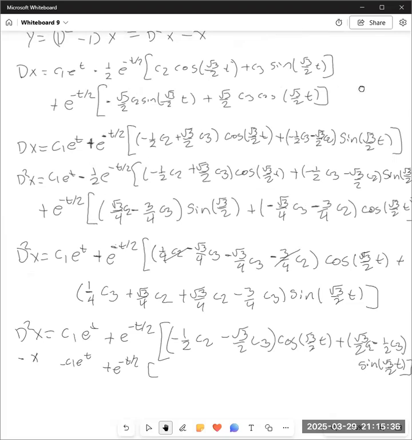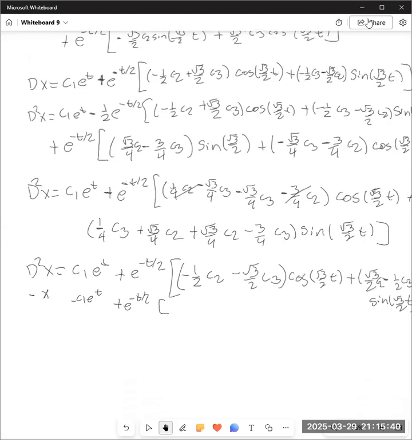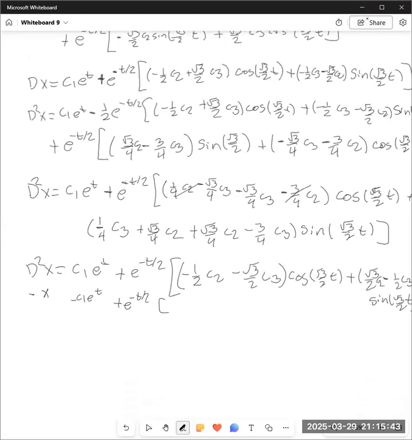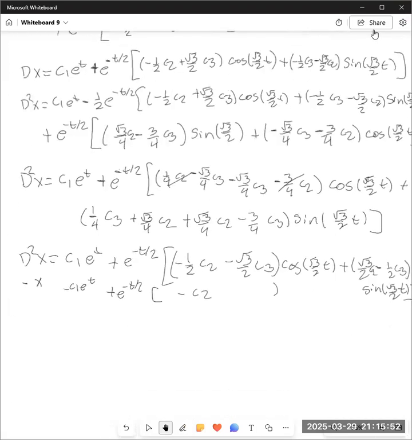So negative c2 cosine, and then negative c3 sine.